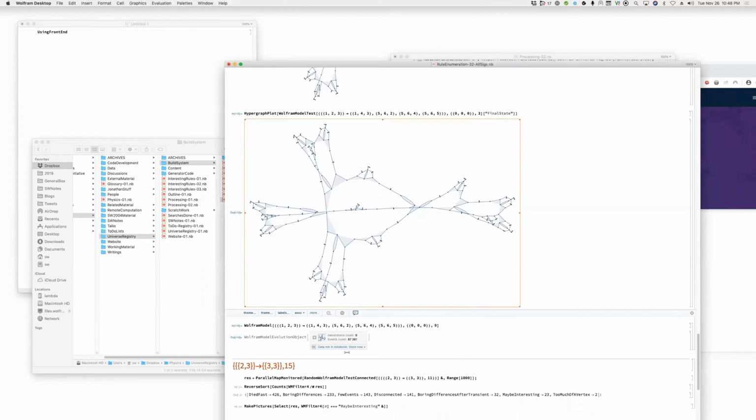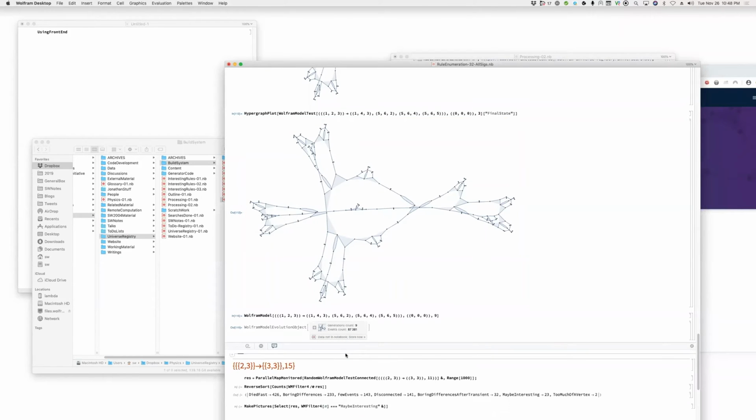Okay, so let's take a look at this one. It's a hypergraph, isn't it? Is it going to take forever to render an 87,000 node hypergraph? Probably. Well, it takes 5 times longer than an ordinary graph plot.